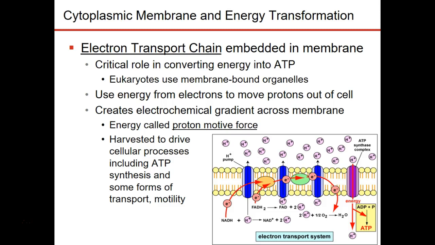As electrons are shuffled from one electron carrier to the next, hydrogen gets pumped across the membrane. As the hydrogen flies back through to the other side from higher to lower concentration, they produce ATP. So this is a mechanism in which we produce the majority of the ATP that organisms use.